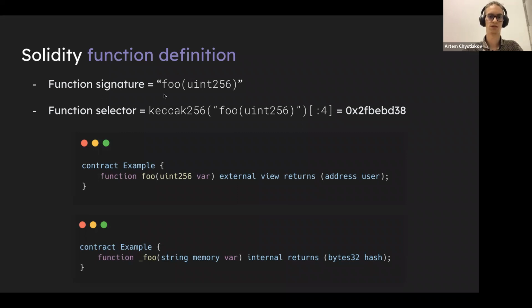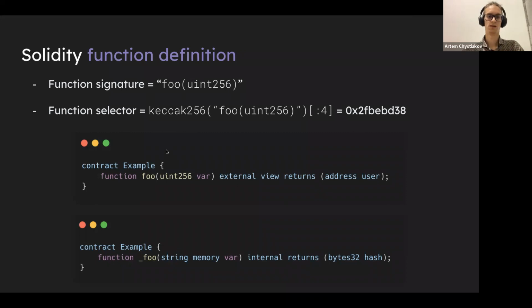Function signature in Solidity is the name of the function plus the types of the parameters this function accepts. Function signature can be applied to both external and internal functions, but Solidity uses the function signature to build a selector only for external functions. So you won't be able to call internal functions from the outside, only external ones.